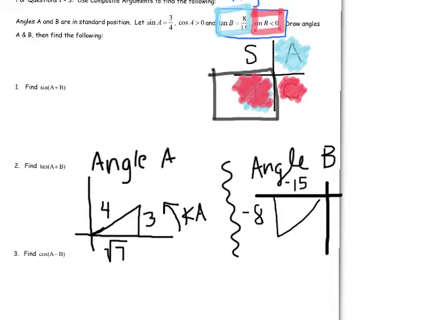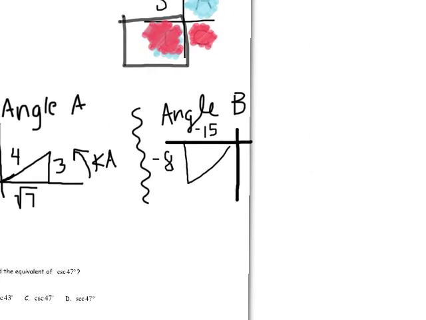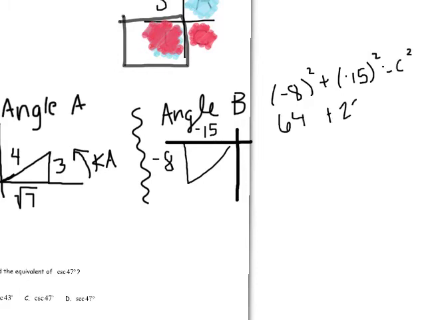All right, I do have to do this Pythagorean theorem, and this is going to be a little bit heavier than the last one, because it's not quite as simple of numbers. So it's a squared plus b squared equals c squared. So negative 8 squared plus negative 15 squared equals c squared. So that's 64 plus 225.